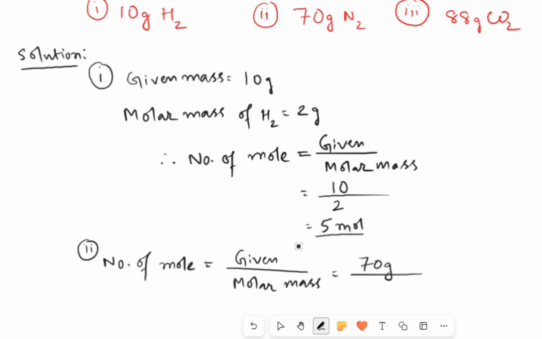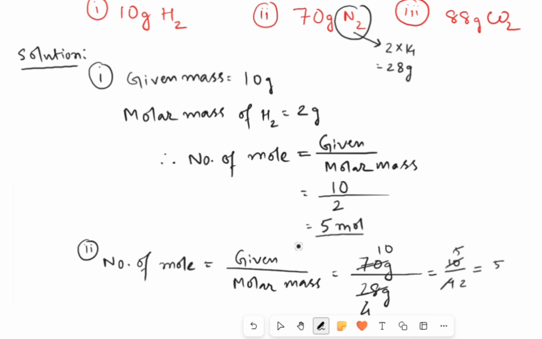So for molar mass we know N2 is the formula. So for nitrogen, 2 into the atomic mass of nitrogen, which is 14, so it will be 28 gram. So 70 gram divided by 28 gram. So 70 will go 7 will go 10 times, and 28 4 times. So 10 by 4, which can cancel, 5 by 2, that is 2.5 mole.